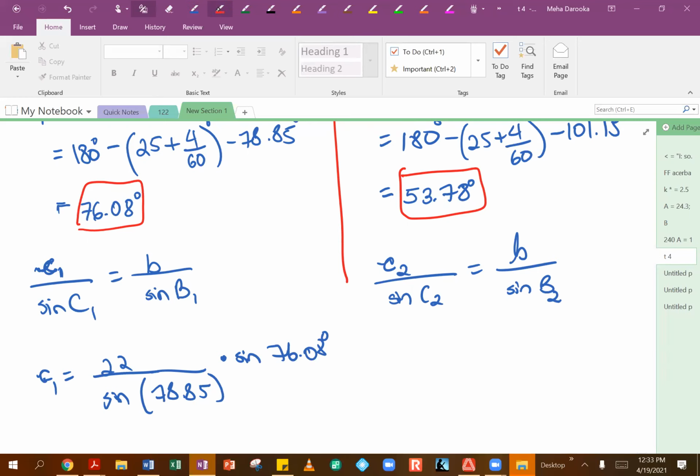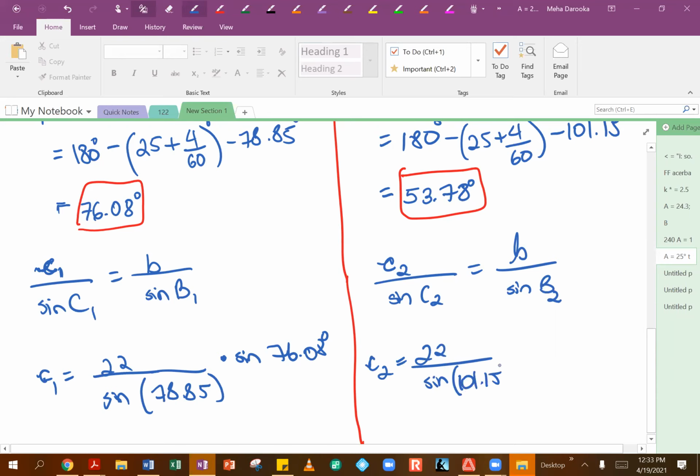On this side, you will have C2 equal same thing, 22 over sine of, but this time our angle was 101.15 for angle B. And then angle C was 53.78 degrees.